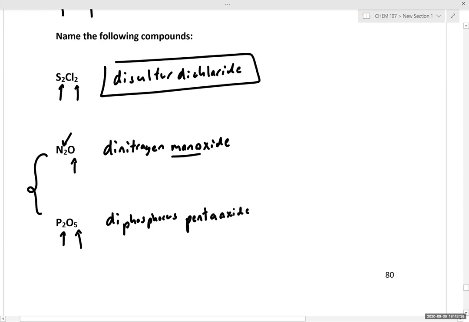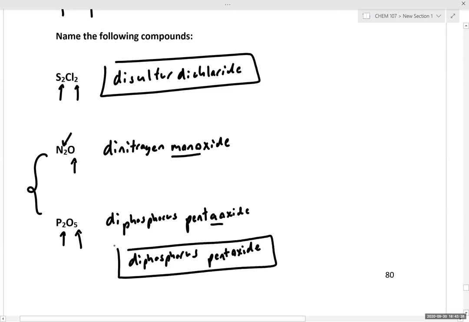But when you're naming oxides, you avoid repeat vowels. So the correct name for this compound would be diphosphorus pentoxide. Essentially, when naming oxides, you avoid having repeating vowels. Does that make sense to everyone? Do these examples make sense?